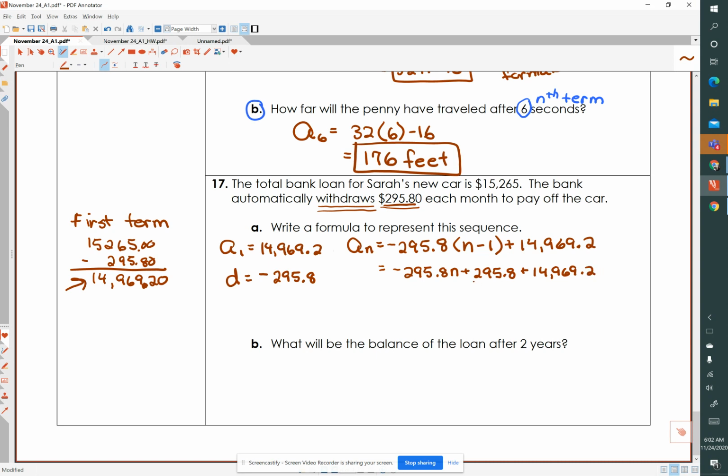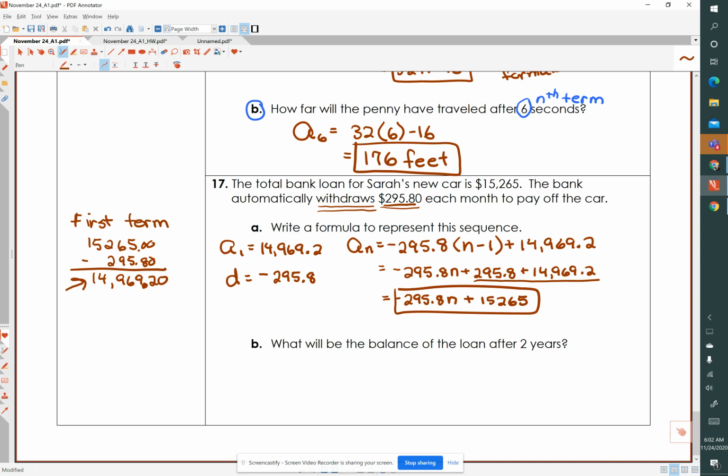Now we can combine these two terms, so we add them together. So we've got negative 295.8n plus 15,265. And this is our formula or our rule.